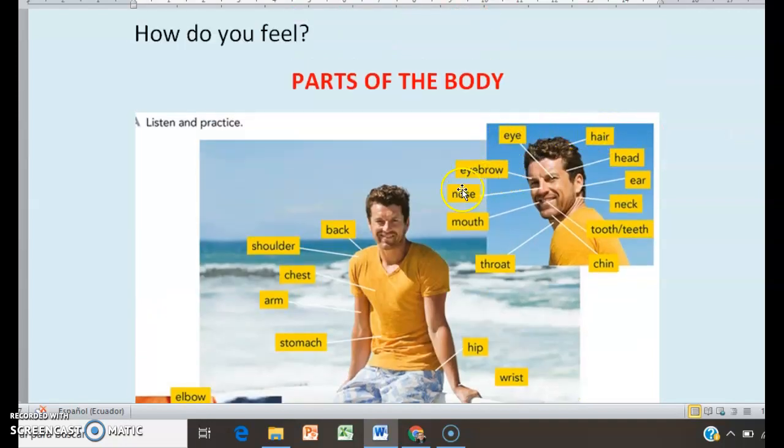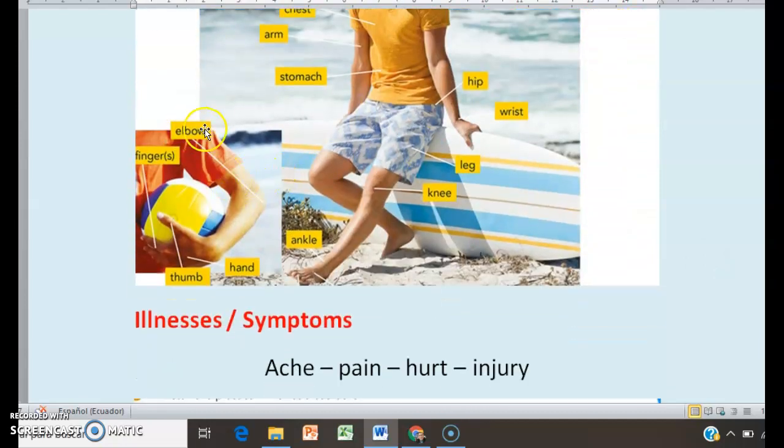Eye, eyebrow, nose, mouth, throat, hair, head, ear, neck, tooth or teeth, chin, back, shoulder, chest, arm, stomach, hip, wrist, elbow, finger, thumb, hand, ankle, knee, leg, and wrist.